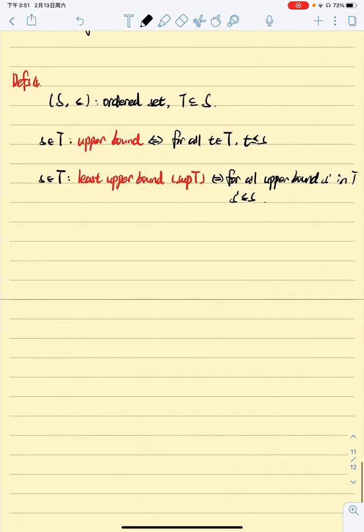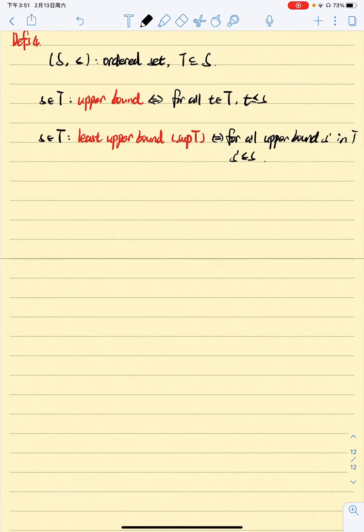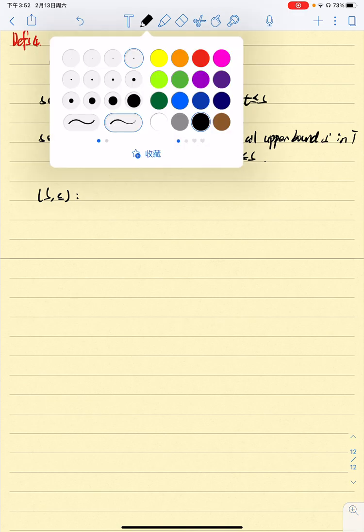Okay. And we call S under this relation a complete lattice.